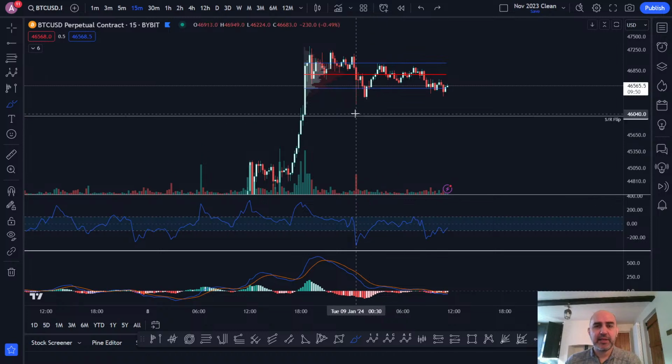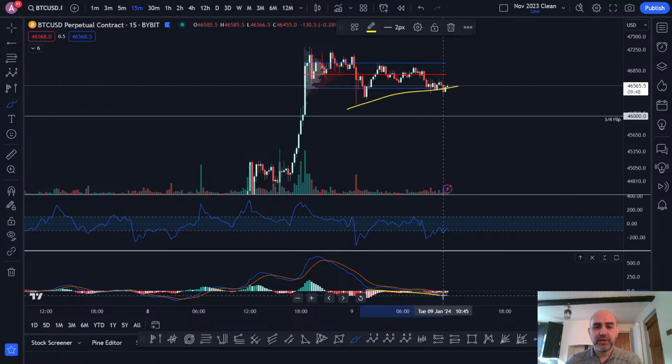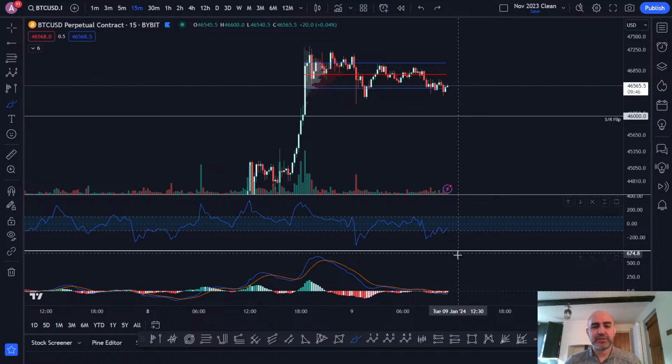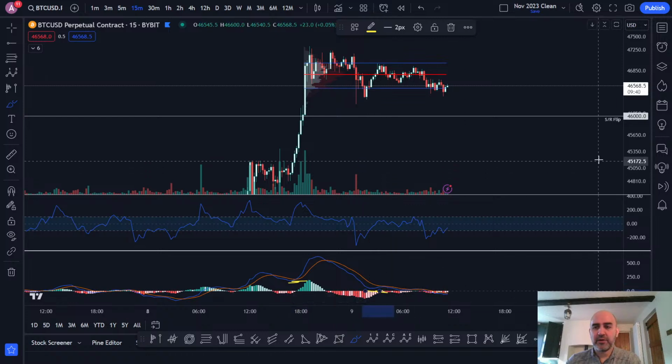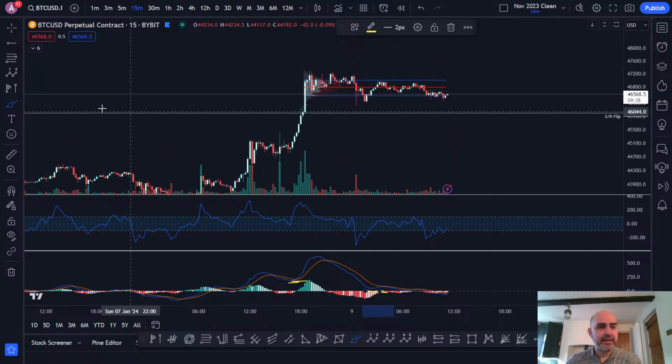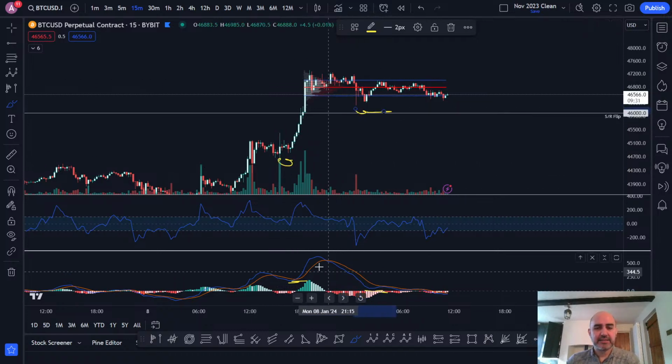And because it's lower lows on the MACD and higher lows on the price, that's a hidden bullish divergence. And actually when you see this low here, it's actually made a lower low here. And when you look at it on the chart, it's a higher low here to here. So that's very bullish. That MACD is showing bullish divergences.